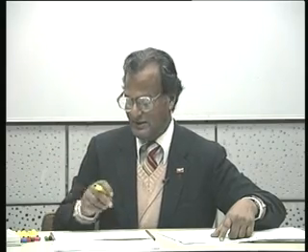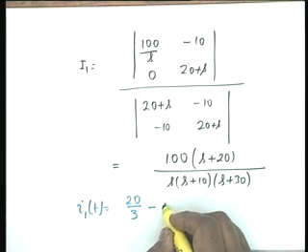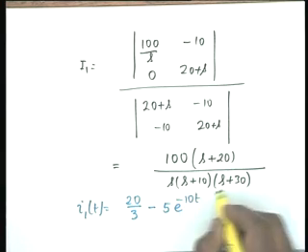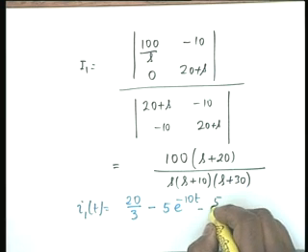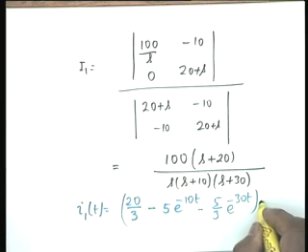You don't have to write the form of A1 e to the power something, A2, you can write the form directly. So you have to expand this in partial fractions, evaluate the constants, and then find the current. If I omit those steps, my solution becomes 20 by 3 minus 5 e to the minus 10t minus 5 by 3 e to the minus 30t, times u(t).